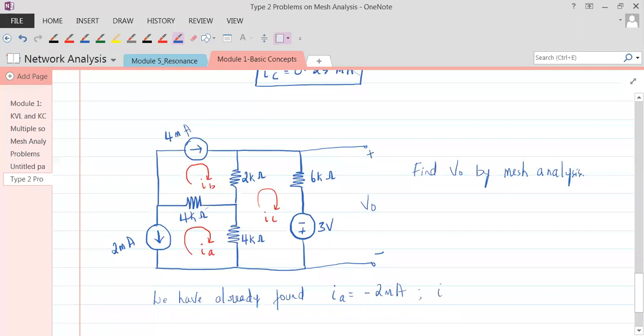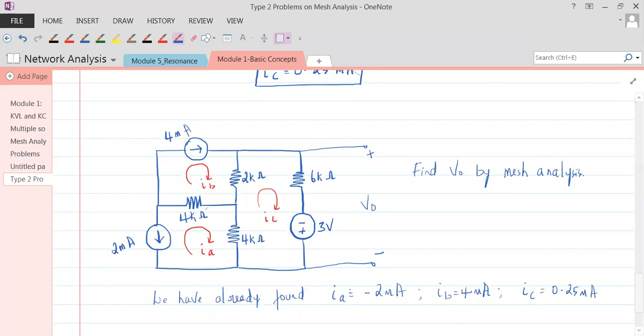IB is 4 milliamps. And IC is 0.25 milliamps. So this is something that we have found out in the previous class.